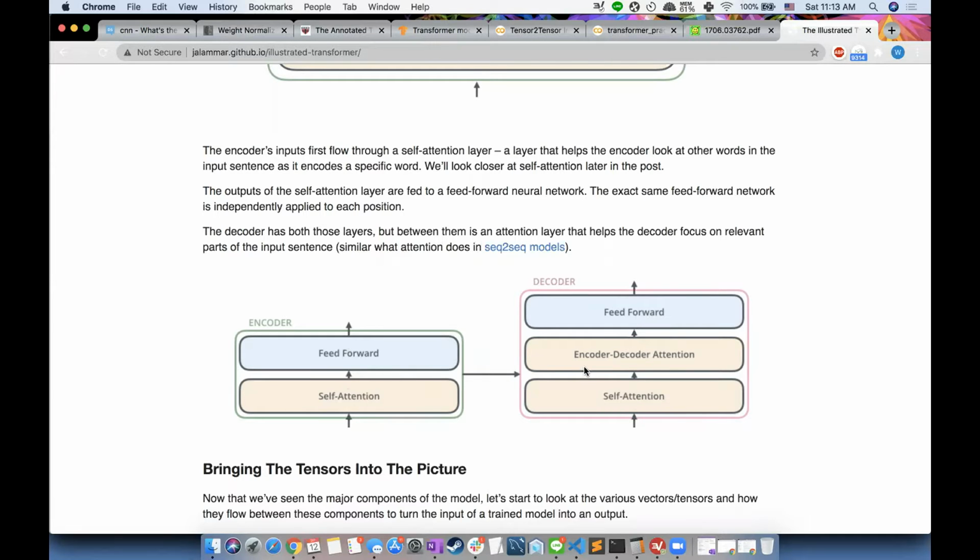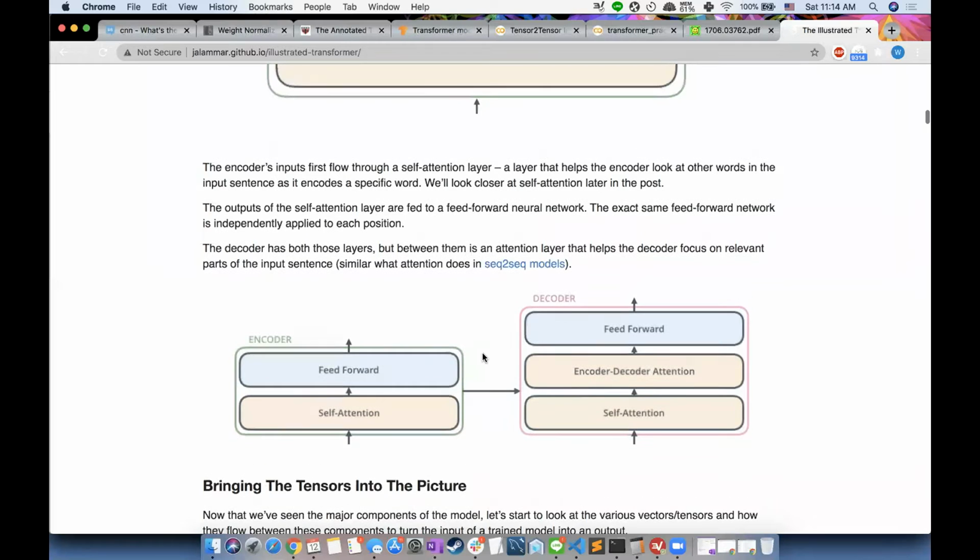Feed-forward, self-attention, but it adds another layer of encoder-decoder attention. That's where you take the outputs of the encoder to the decoder. And some outputs, not all the outputs, will be incorporated into this layer.